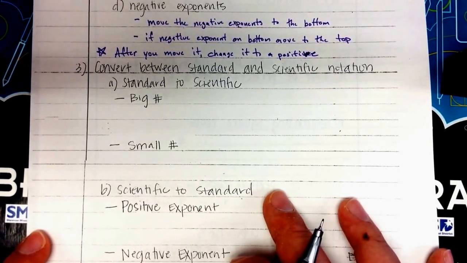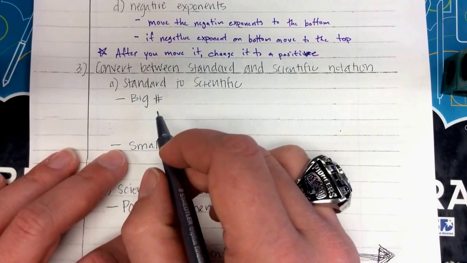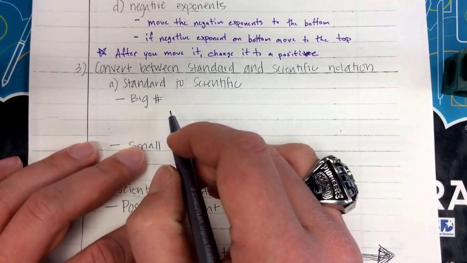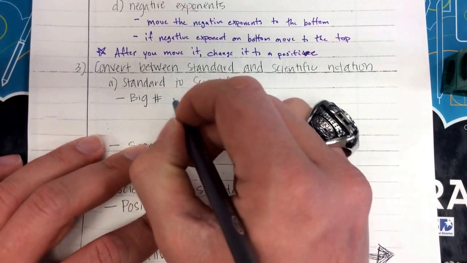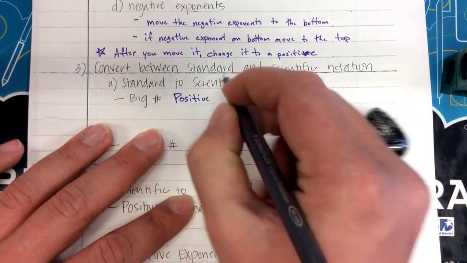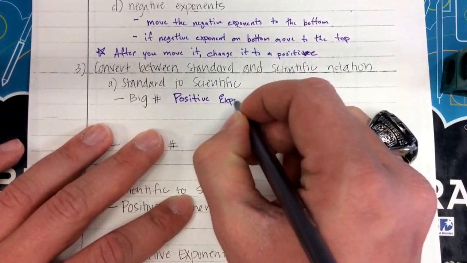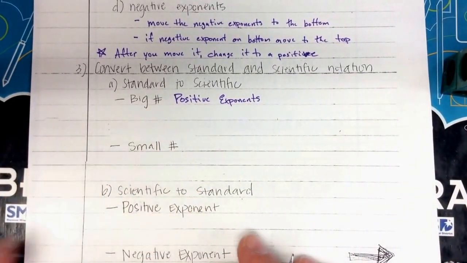A really big number, what are our exponents going to look like? Colin? Positive. So when you have a really big number, you're going to have positive exponents.